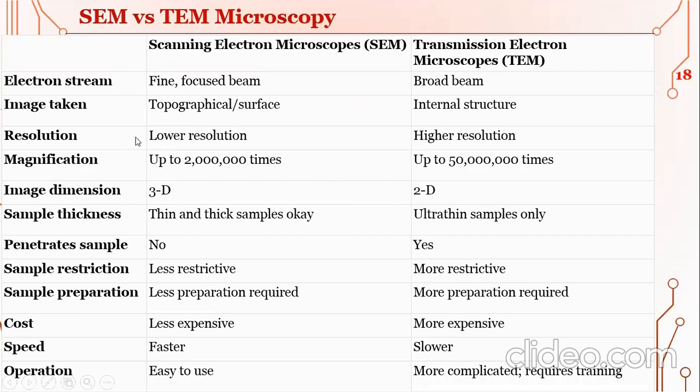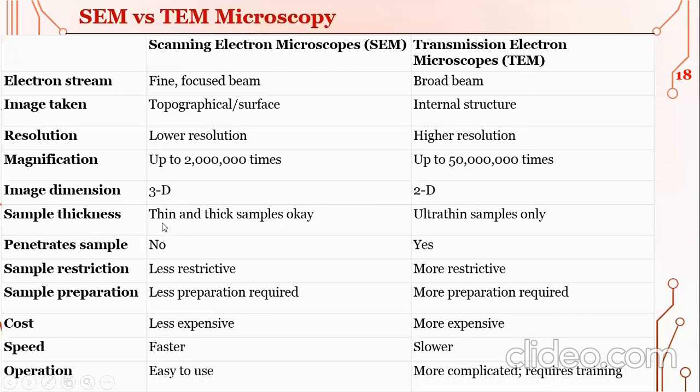So we need to know that the resolution as well as the magnification is less if we compare the SEM with TEM. So TEM has higher resolution as well as higher magnification. And image dimension here, that will be 3D. An image taken with TEM is 2D.